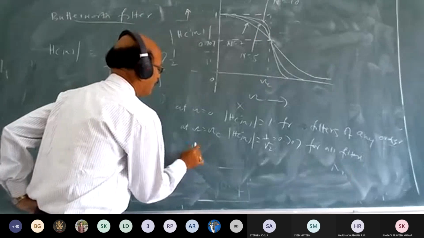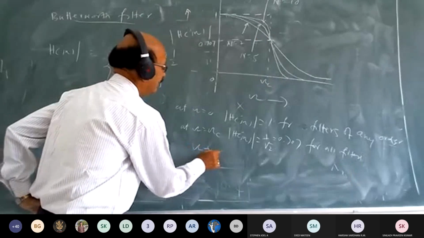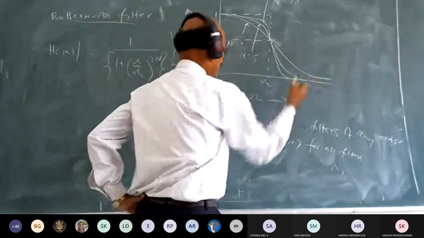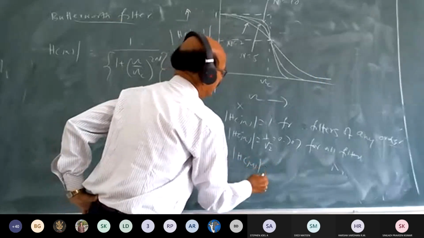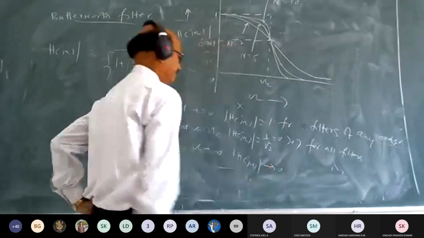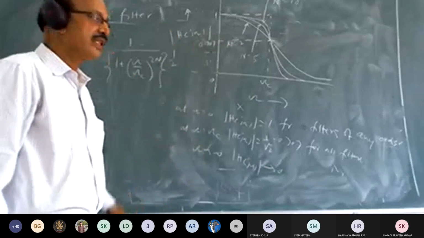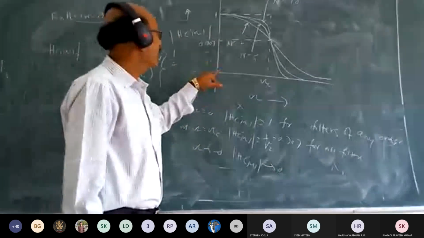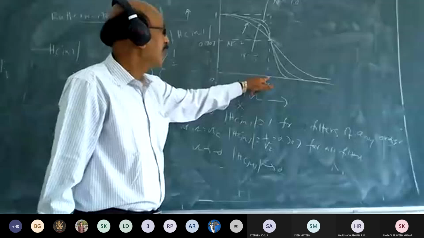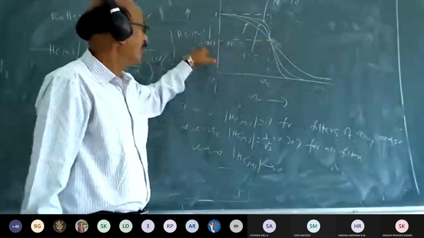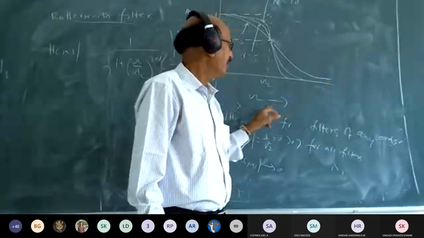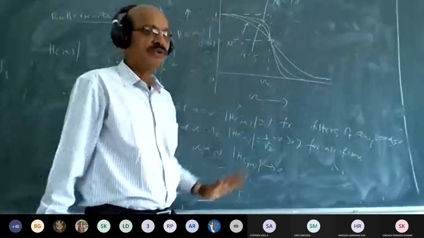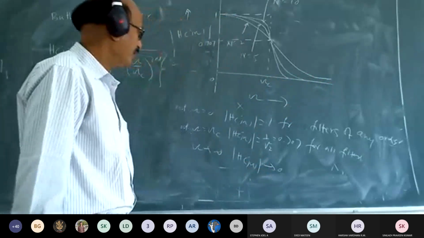And as omega approaches infinity, the magnitude approaches 0. So these are the three things we can notice here: at omega equal to 0 it is 1, at omega equal to omega c it is 1 by root 2 or 0.707, and when the frequency approaches infinity, the magnitude approaches 0.